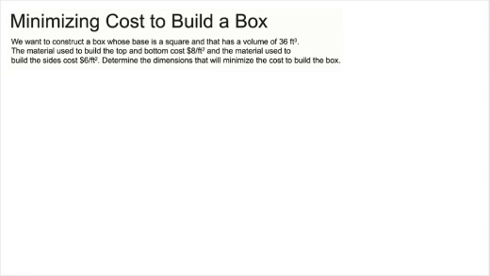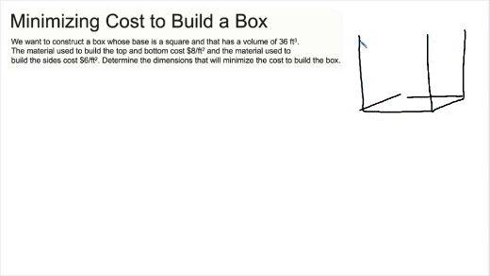This one is a little bit more detailed. We want to construct a box whose base is a square. Already I'm thinking of a picture. The base is some kind of square. However you want to draw your box, I drew it that way.